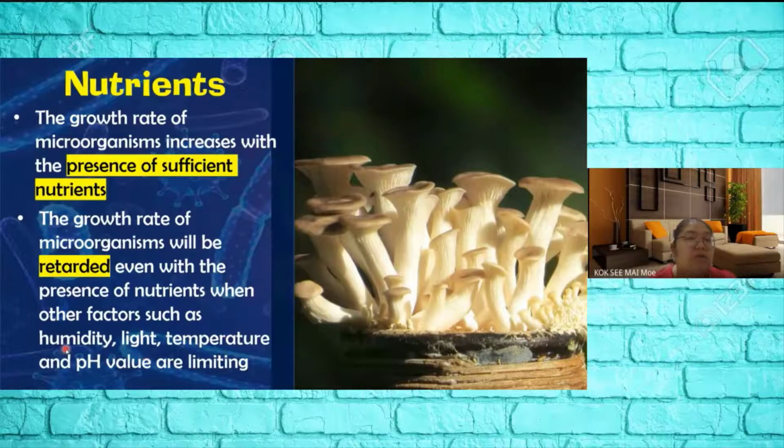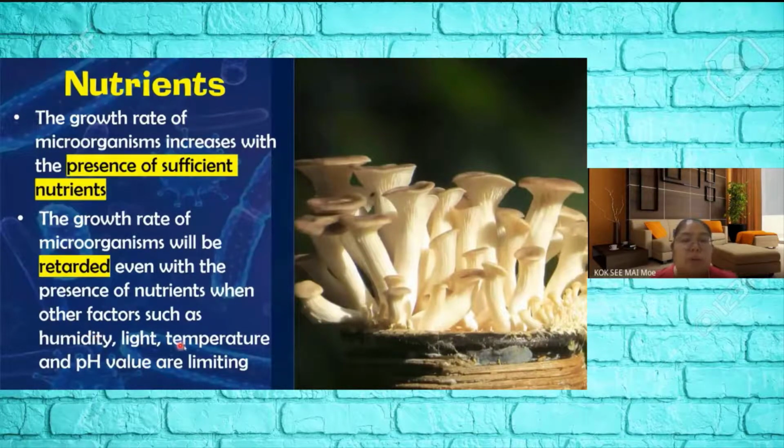So they still depend on the other factors. If you say a dry area, but inside has many nutrients, they also cannot stay because it is not a damp condition. So these are the 5 factors that make microorganisms grow. Important are the temperature, pH, and also the humidity.